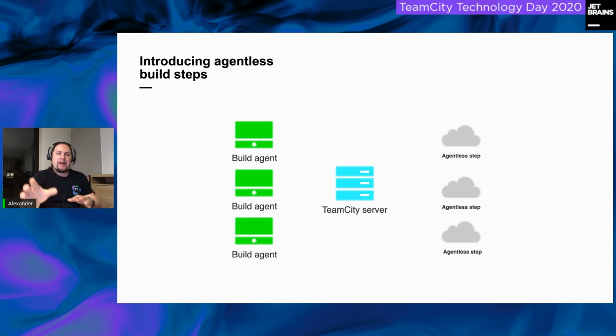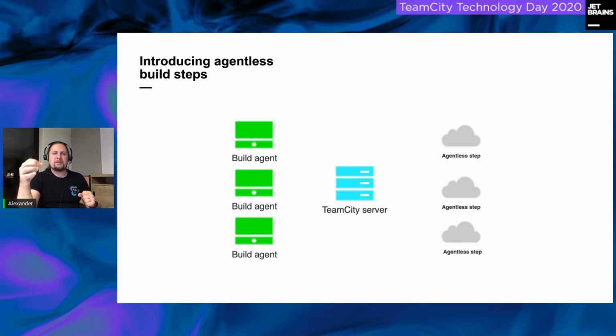The number of agentless build steps that you can run depends on the number of agent licenses that you have on your server. So if you're using the professional version of TeamCity, which is free, then you can run your common 3 builds on 3 agents and also run 3 tasks on external services.